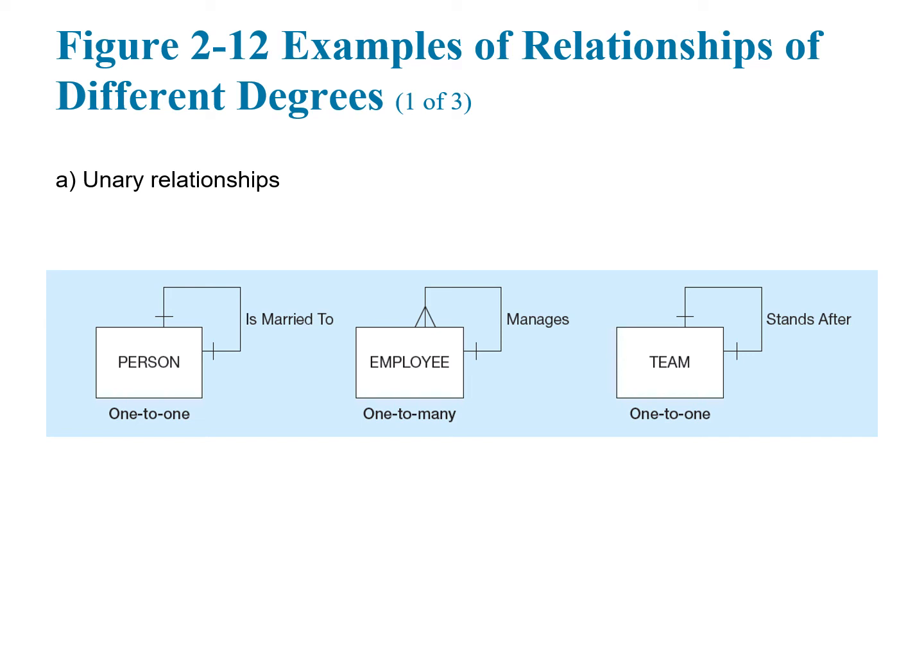Although this figure of unary relationships shows only one-to-one and one-to-many cardinalities, it is also possible to have many-to-many unary relationships. For example, consider a person entity with a friends relationship. A particular person can have many friends, and each friend could in turn have other friends.